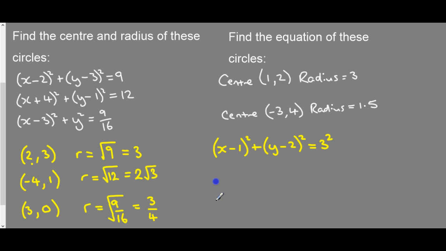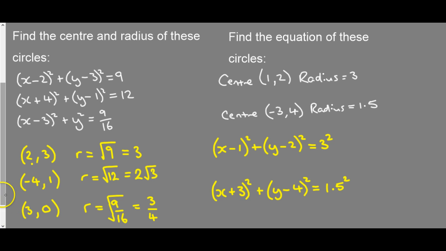For the second one, we've got minus the x coordinate of the centre, so it would be minus negative 3, which is why you end up with plus 3, and y take away the y coordinate of the centre, and we end up with 1.5 squared, 2.25. There you go.